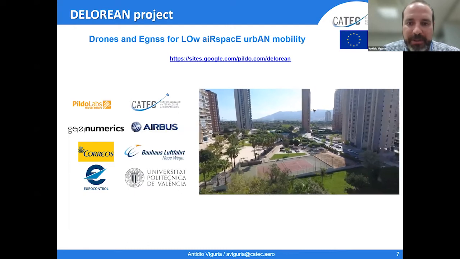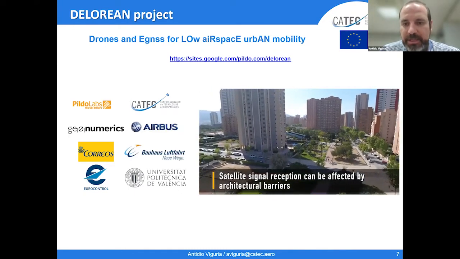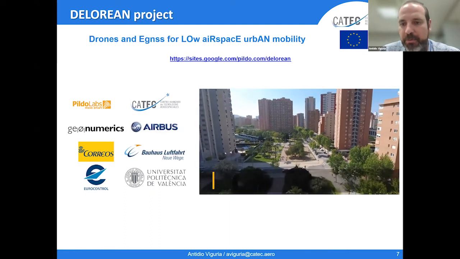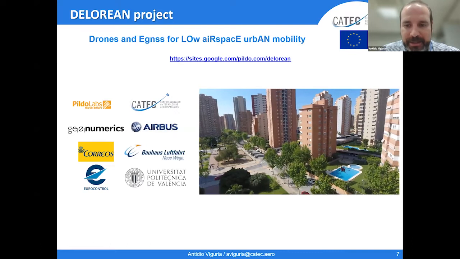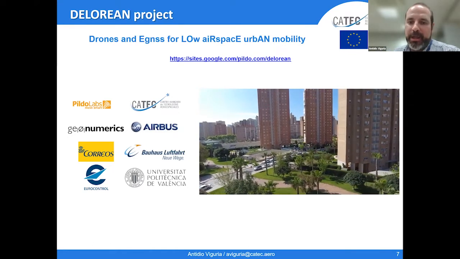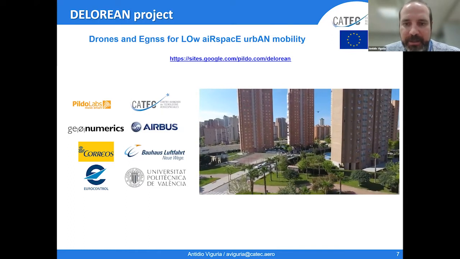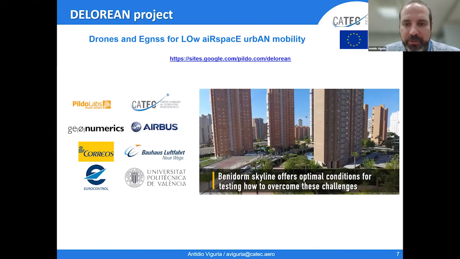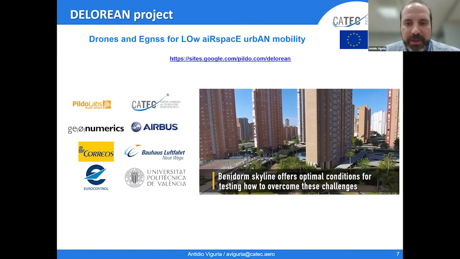So we are evaluating how we can complement the solution from the GNSS with a solution with onboard sensors. So in that sense, with having that in mind, we can actually be able to enhance the GNSS solution and maintain a good resolution during the whole flight.